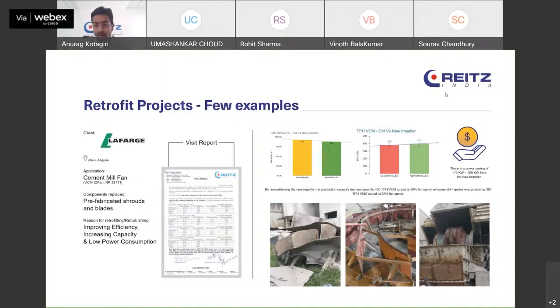This was a very successful project for us. Again, we could save from 175 kilowatt to almost 200, and we were able to increase the tonnage per hour for the VCM from 380 to 400.